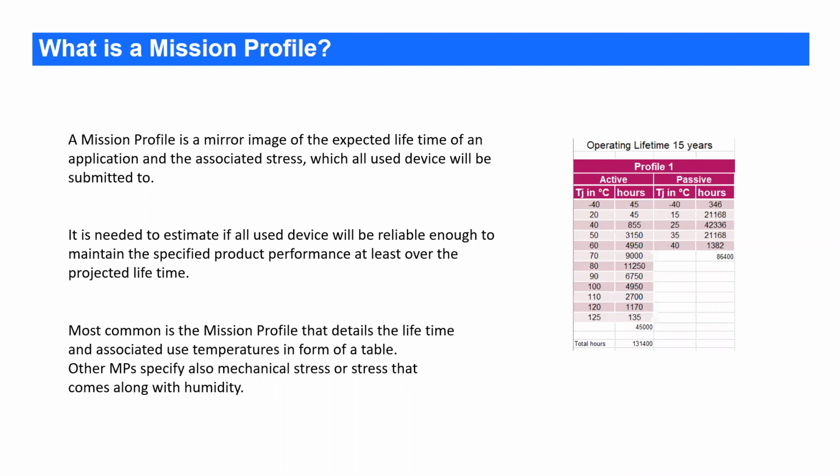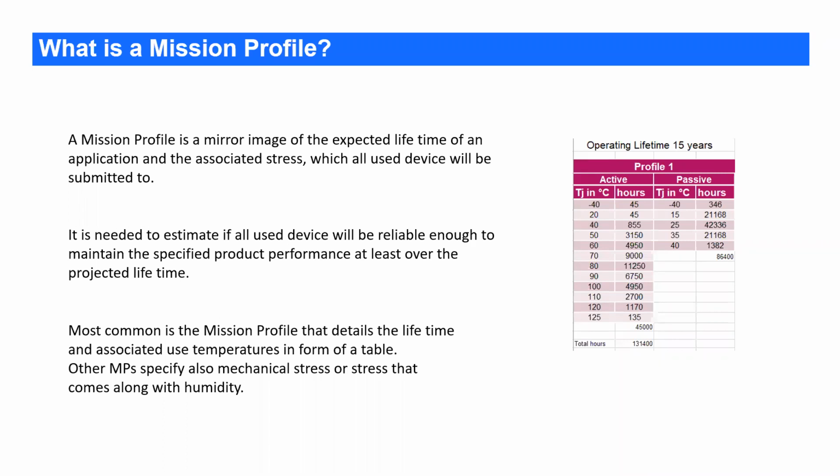At the same time, you see the temperatures are mentioned as junction temperatures. So the differentiation between active and passive is not really meaningful, because by the end of the day, you always want to make sure you calculate these junction temperatures, which is the temperature, excuse me, of the silicon itself, not the ambient temperature.